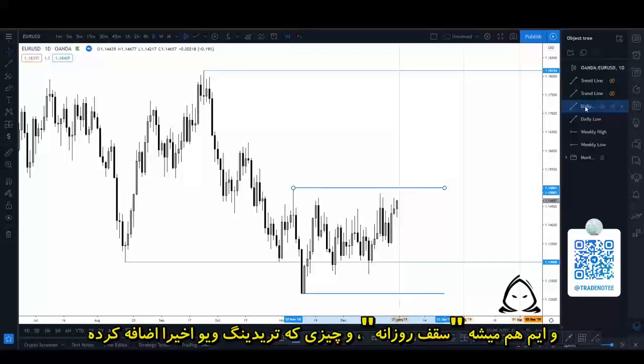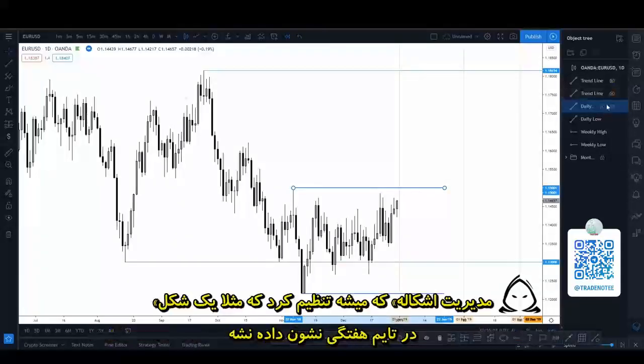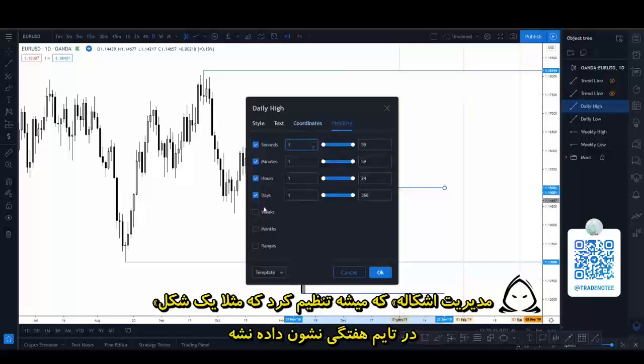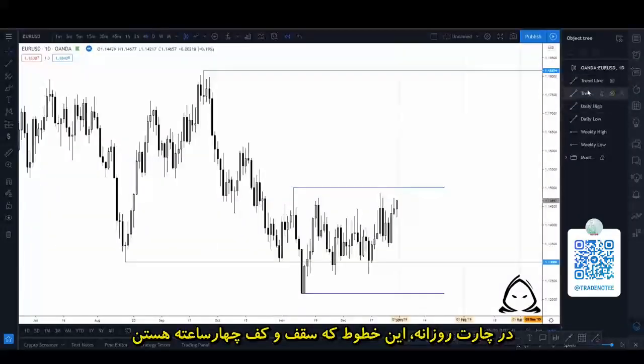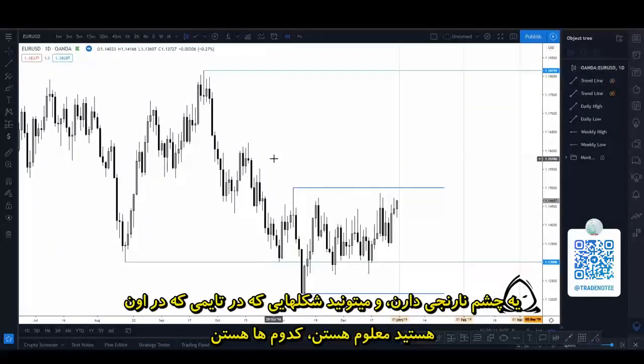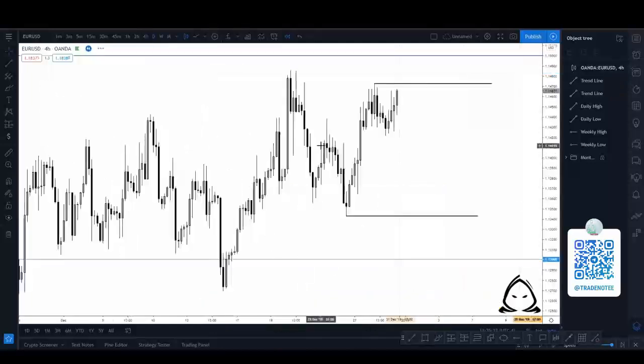The neat thing that TradingView has added recently is, on the object manager, if you've put in visibility filters, you can see I don't have this showing on the weekly, and if I navigate down to the 4-hour, this is not shown on the daily. So when I'm on the daily chart, the lines that are the 4-hour high and low have an orange eyeball. You can see which objects are actually visible on the particular time frame that you're on.